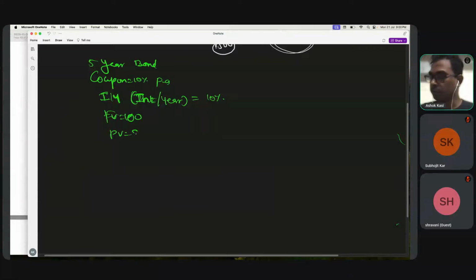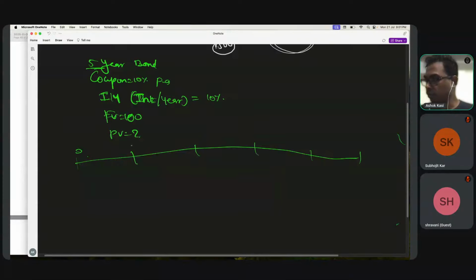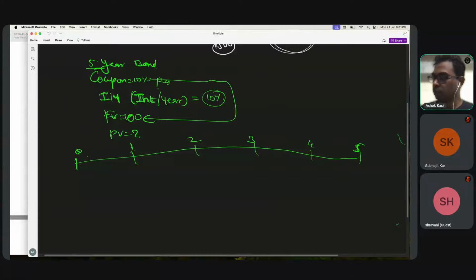We have to calculate the present value. So how do you calculate? First you draw the timeline. This is a 5-year bond: 1, 2, 3, 4, 5. 10 percentage of 100 is the coupon, which is 10.